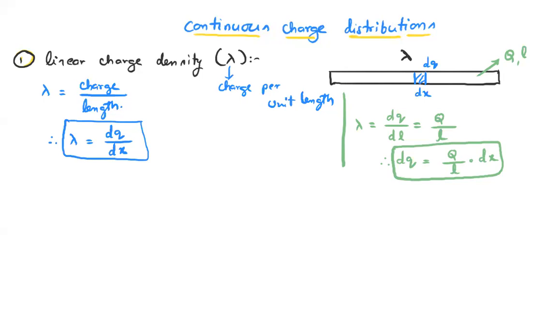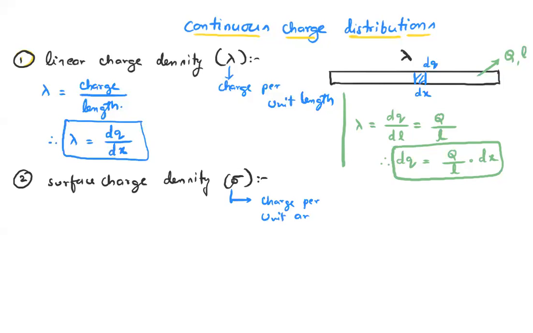Now, the next definition is surface charge density. Generally, it is denoted with the letter sigma. Surface charge density means, just like our previous definition, charge per unit area.